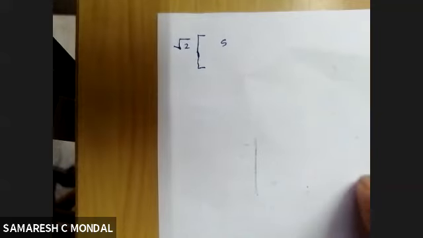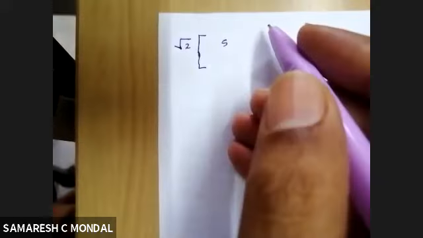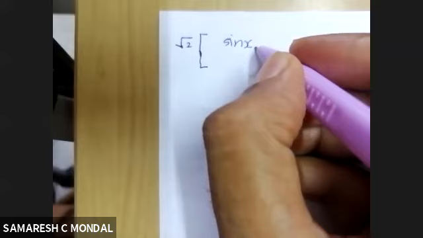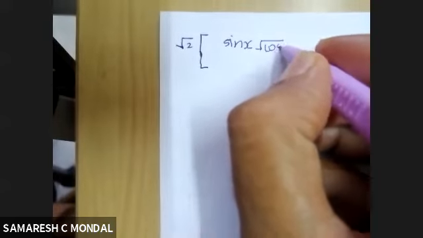So if I write 2 sin x cos x, shall I write directly 2 sin x cos x? So 2 gets cancelled, and it will come sin x into root cos x.